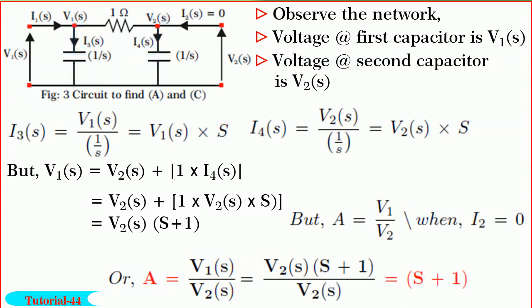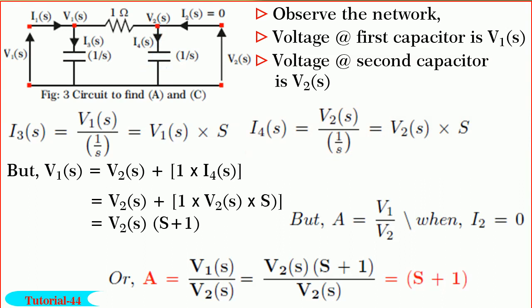You find that I3(s) is equal to V1(s) divided by 1/s, which will give us I3(s) = V1(s)·s. Similarly, I4(s) is equal to V2(s) divided by 1/s, which will give us I4(s) = V2(s)·s.